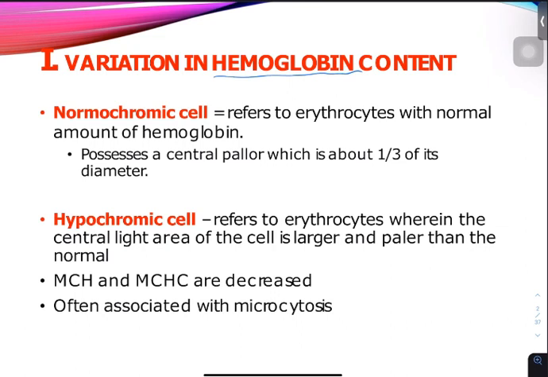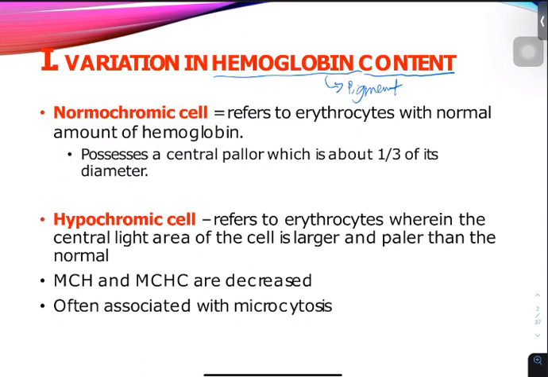And its content. What are the contents of our hemoglobin? The pigment itself. So here, we will be correlating this to the color of the cell.